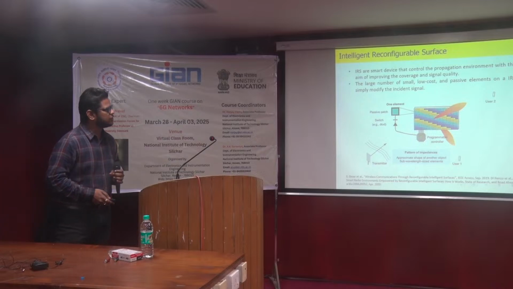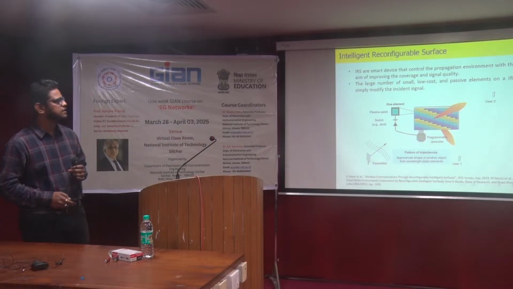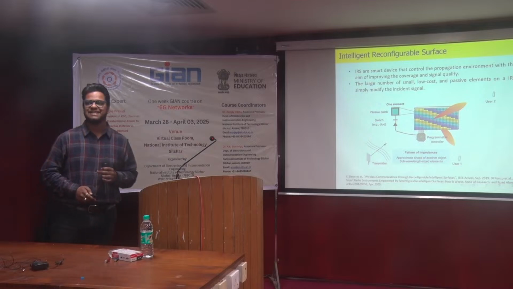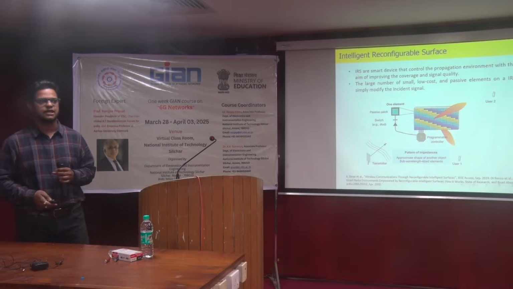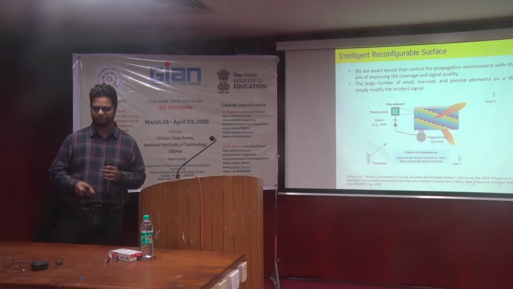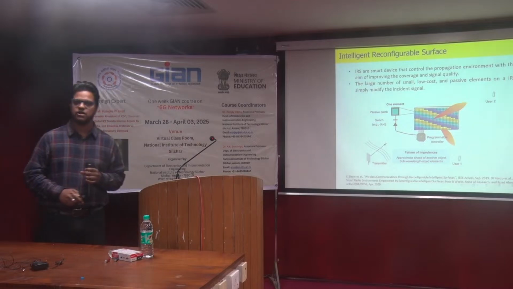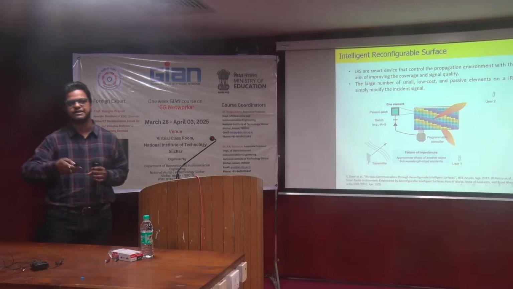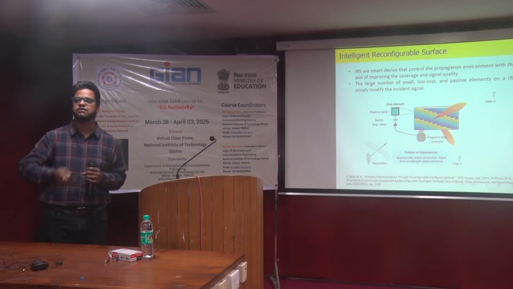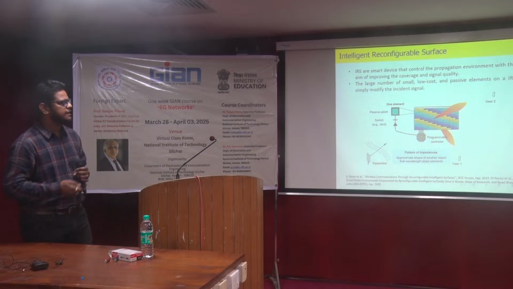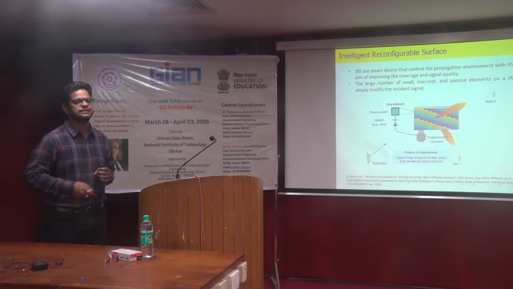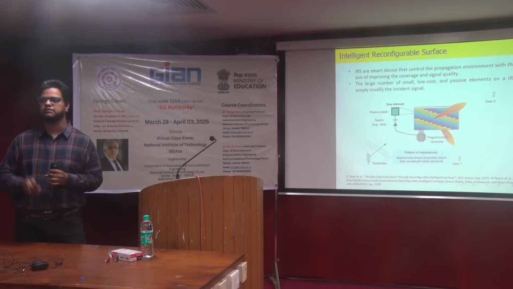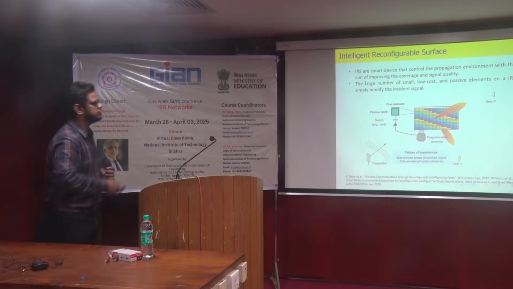So what is an IRS? They are made of different patches, which are sensory elements, made from different PIN diodes, which offer different capacitor values and change the capacitances, and they can tune themselves in order to change the direction of the propagated signal, as shown in the figure here.